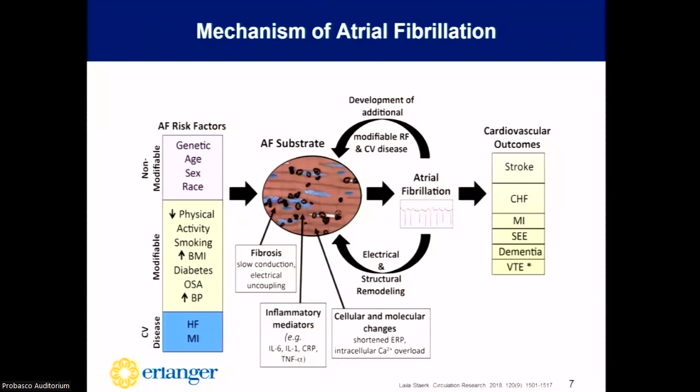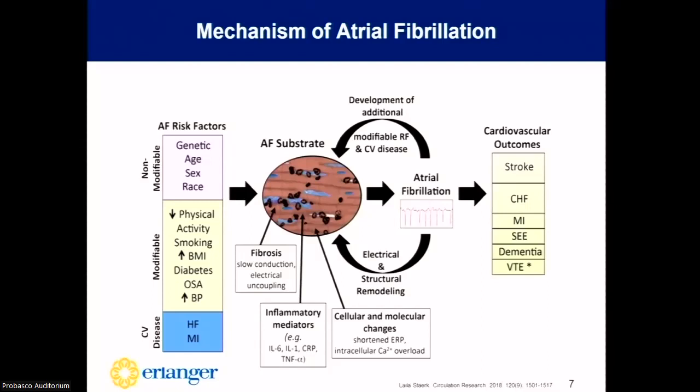In particular, fibrosis will slow conduction from the atria to the ventricle and also affects your electrical uncoupling. A lot of these chronic conditions also promote inflammation, which can further exacerbate and promote this AFib substrate as well as contribute to fibrosis.